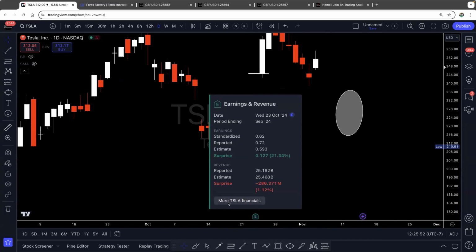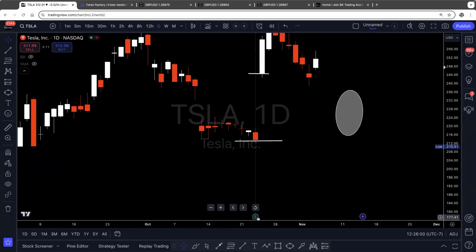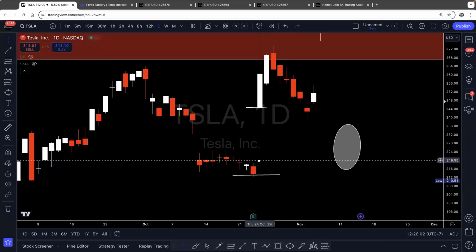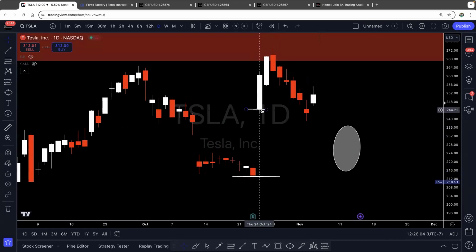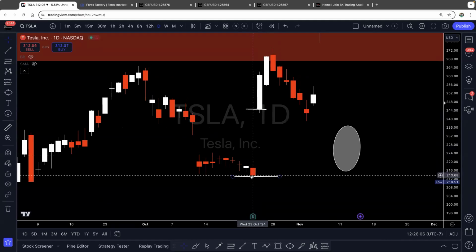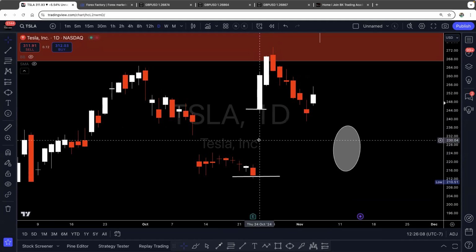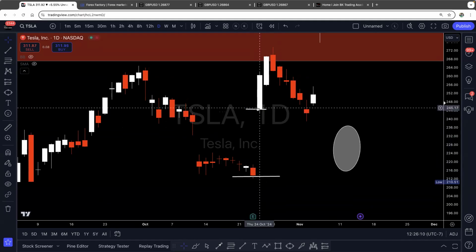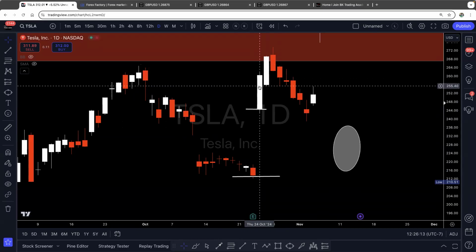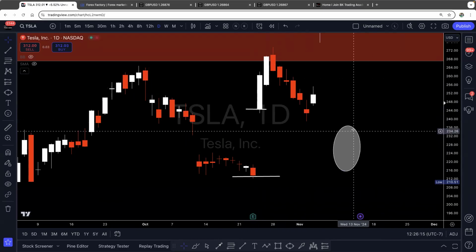And then you can click where it says more Tesla financials and go into more detail here. This was on October 23rd this year. And a green earnings made this pop all the way up here. So if you had purchased the night before, you would have woken up into that huge profit right here.